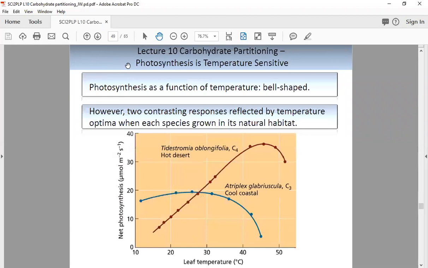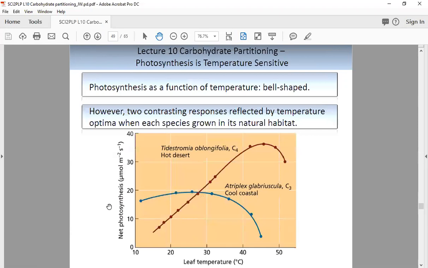Photosynthesis is temperature sensitive. So when photosynthetic rates are plotted as a function of temperature, as we can see in this graph, for either a C3 leaf or plant or a C4 leaf or plant, under ambient carbon dioxide concentrations, the curves have characteristic shapes.